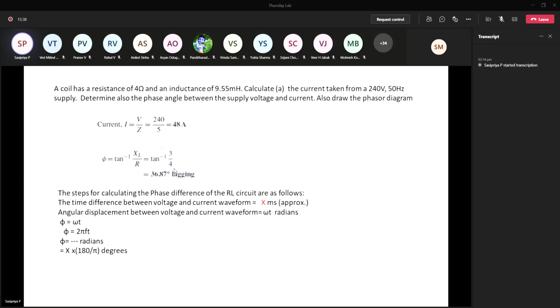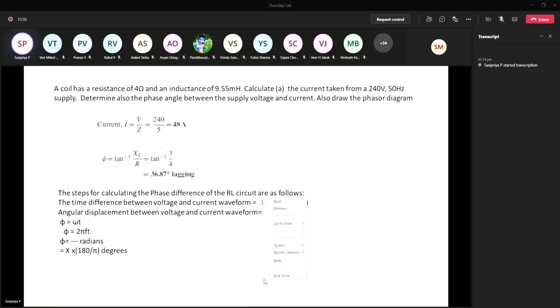The meaning of lagging is that the current flowing through the circuit lags the voltage by an angle of 36.87 degrees. I'll come to this a little later. Now we'll simulate the circuit.